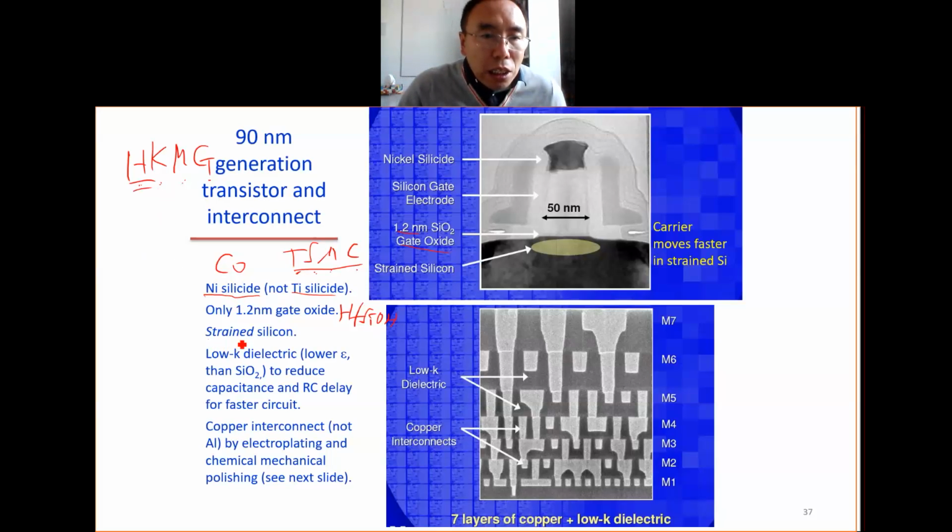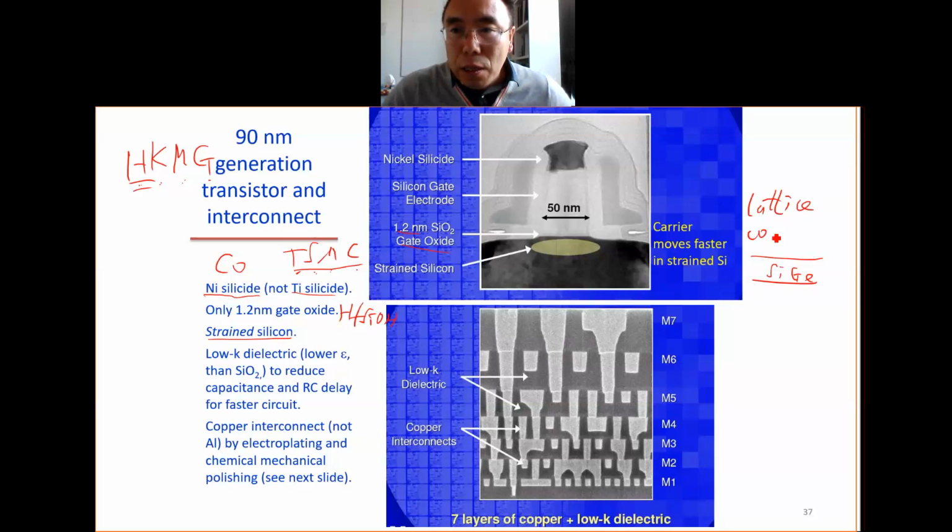Another trend is strained silicon. How do we strain the silicon? If we dope some silicon germanium into the silicon, the lattice constant of silicon germanium will be higher than that of silicon, because the germanium atom is bigger than silicon.